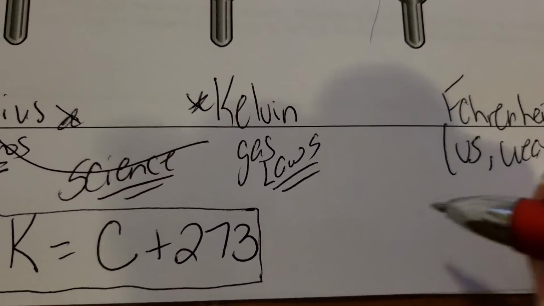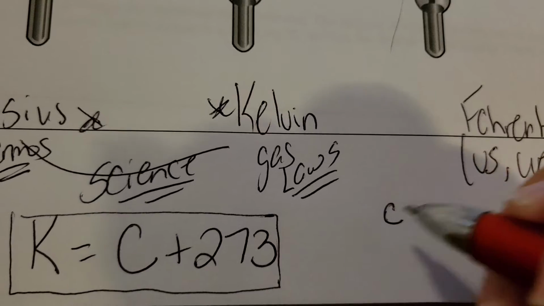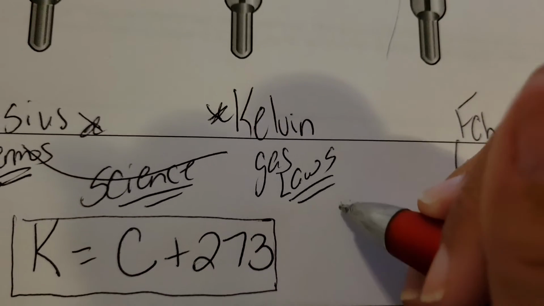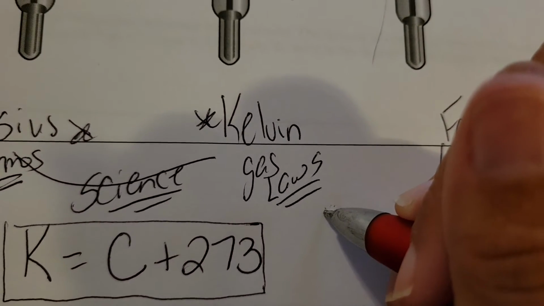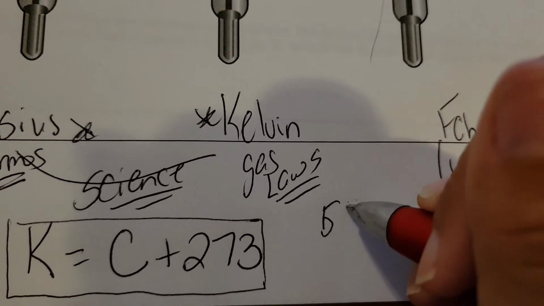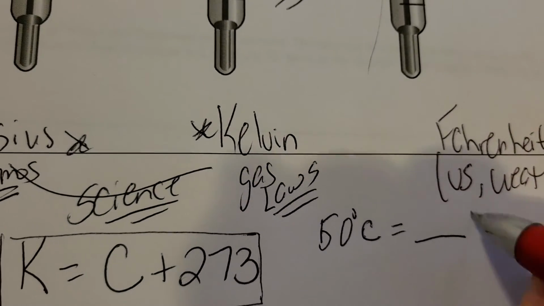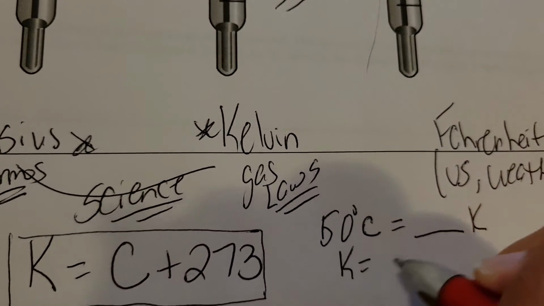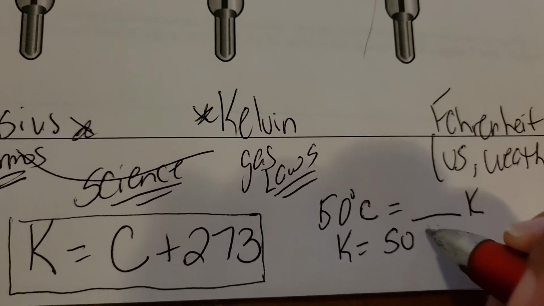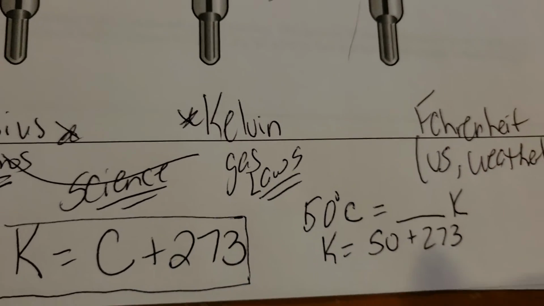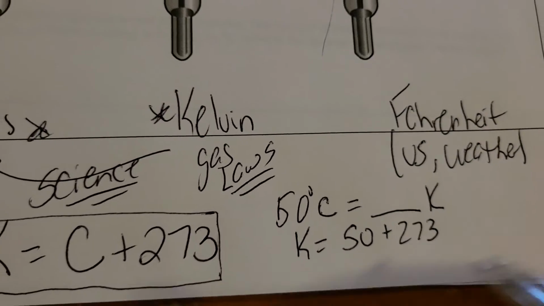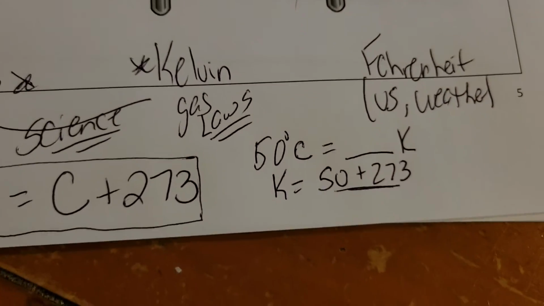So for example, if my Celsius temperature was, let's say, 50 degrees Celsius, and I had to change it to Kelvin, the Kelvin is just the Celsius temperature plus 273. Really simple. I just add those two numbers together.